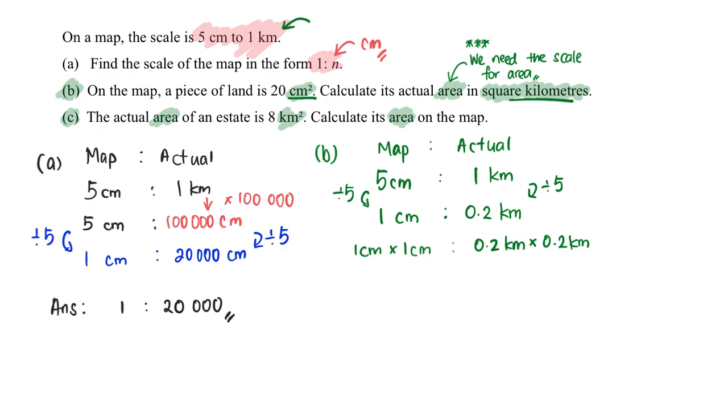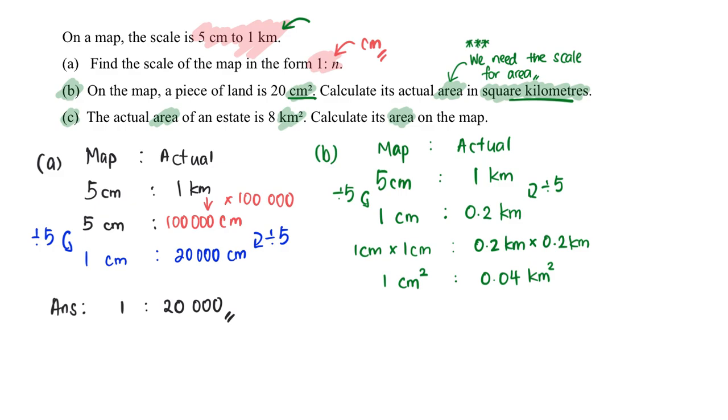Okay, we are going to square both sides, because then I will be able to get what is the scale for area. Now I have 1 cm square, and this will be 0.04 km square.